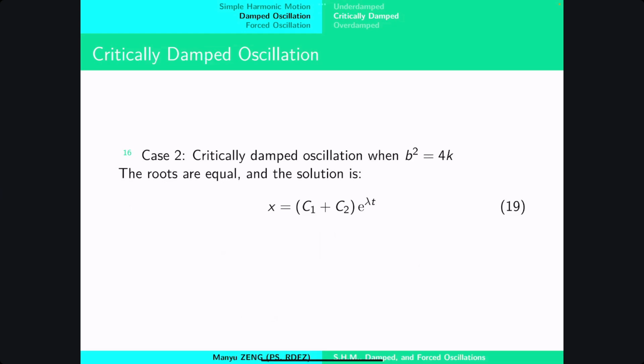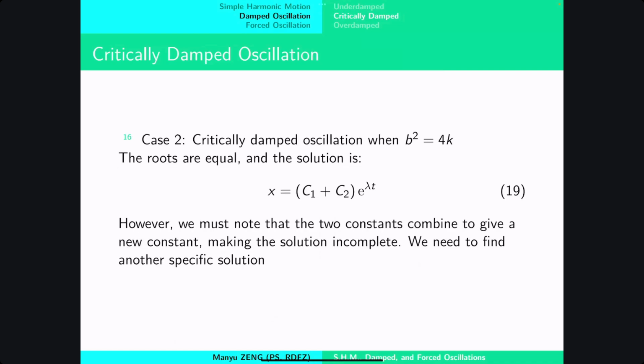So we can simplify C1 plus C2 into one arbitrary constant. And we suddenly found that this is a second order ordinary differential equation, but it only produces one arbitrary constant. That is not following the rules. We always need two arbitrary constants.